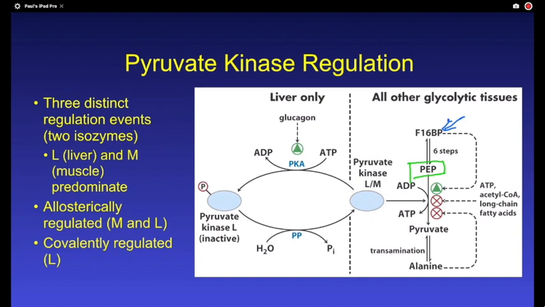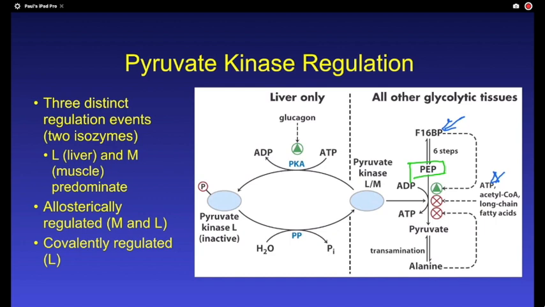Let's break it down. Why would ATP slow this down? Because ATP is part of this slowdown product. What's the purpose of glycolysis? To make ATP. If I have lots of ATP, don't make it.